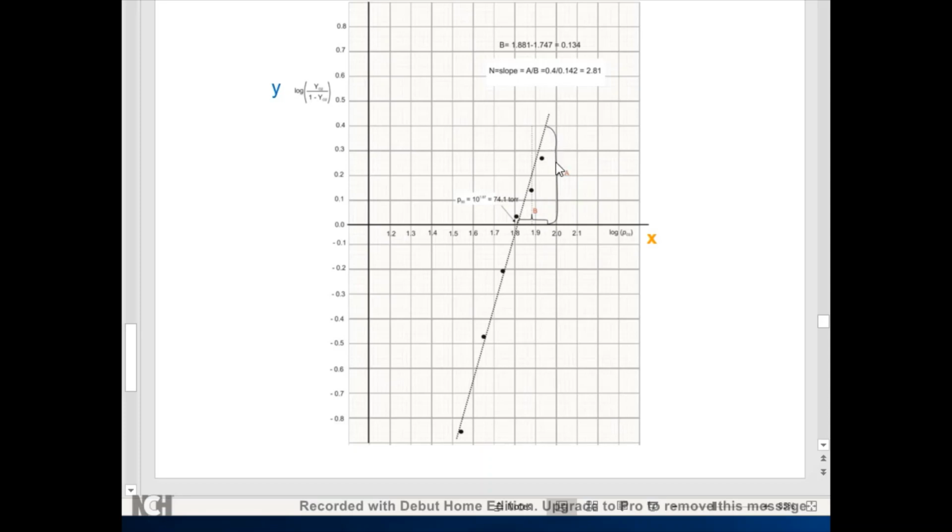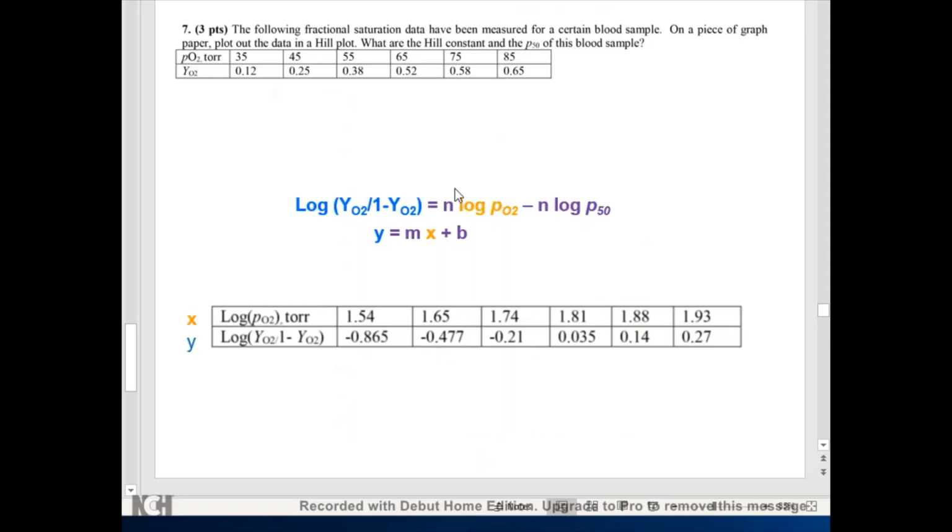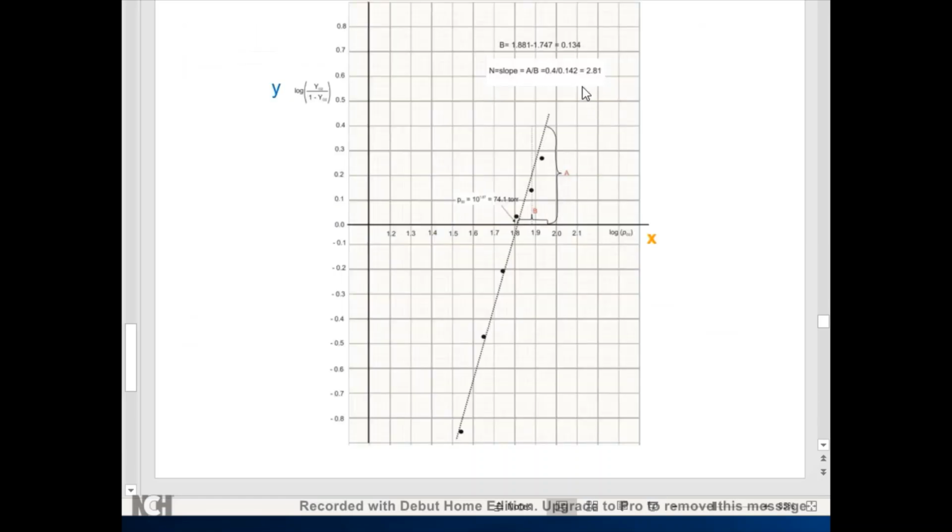I measured this distance, which I called A, and divided it by this distance, which I call B. Okay, this is my slope of the line, and this slope corresponds to n. So that's the way I found the Hill coefficient. It's about 2.8, right?